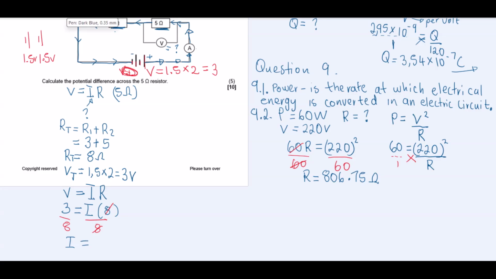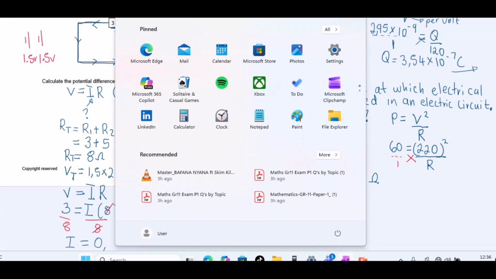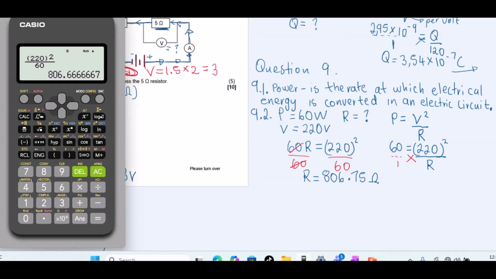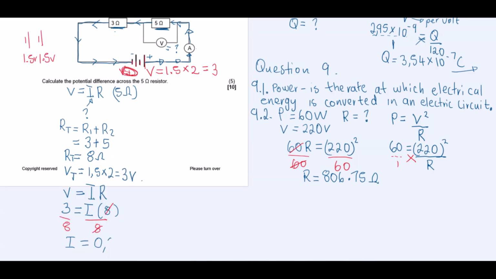So the current here is equal to 3 over 8. We can use the calculator here, and 3 over 8 is 0.375 amps.